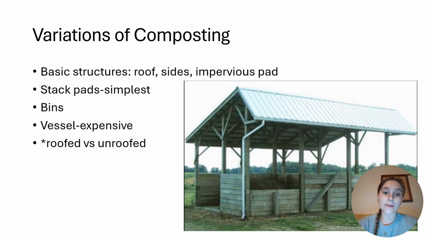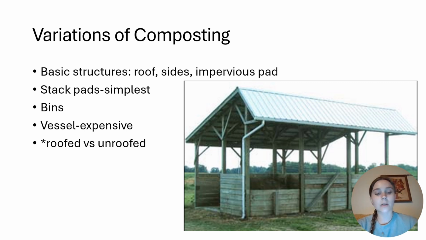So there are different types of composting, and they go from most basic to most expensive and most complex. The basic structure of a composting bin would optimally have a roof. It doesn't necessarily need it, but having a roof reduces the amount of water that is hitting the pile from rain, which decreases the amount of leachate and therefore is better for the environment.